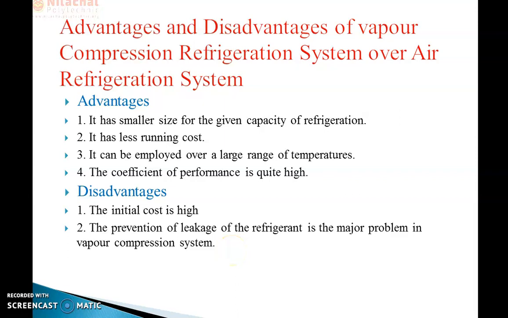In an industrial area, if ammonia leaks, since it is a flammable gas, it can burn or damage the industry. For that reason, this is the major disadvantage of the vapor compression refrigeration system. In the air refrigeration system, if air leaks, it is not harmful to the industry. But in the vapor refrigeration system, you are using a flammable refrigerant, so it is a disadvantage of the vapor compression refrigeration system.